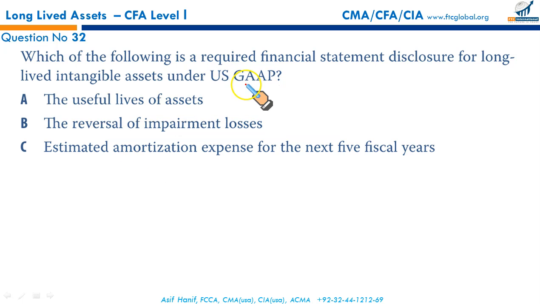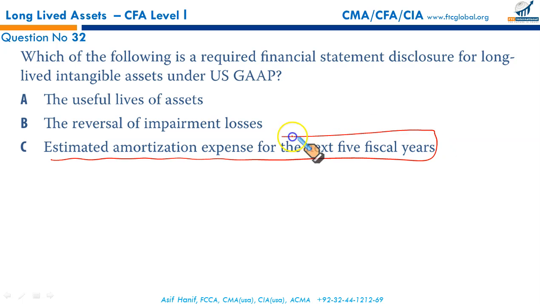So under US GAAP, what we are required to do is disclose the estimated amortization expense for the next 5 fiscal years. This is the specific requirement under US GAAP, explicitly required. We might not remember this from the books, but once you're doing the questions, these things get onto your head.